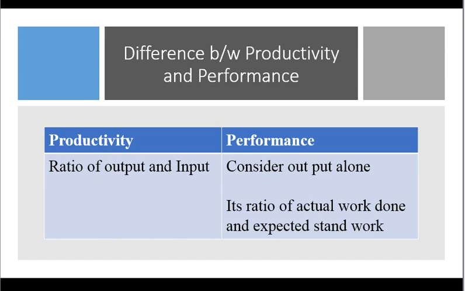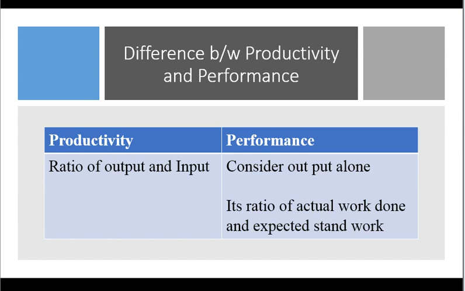Now we will discuss the difference between productivity and performance. Productivity, we know, is the ratio of output and input. Performance considers output alone. It is the ratio of actual work done and expected work.